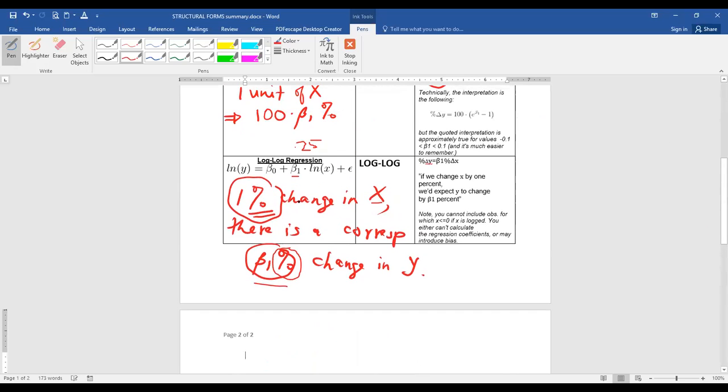Pag naka-log pareho, double log. For every 1% change in X, there's a corresponding beta 1% change in Y. Notice we're not doing anything to beta 1. Kung ano man yung value ni beta 1 na yan, yun na yun. Hindi tayo nagdi-divide ng 100, hindi tayo nagmo-multiply ng 100.